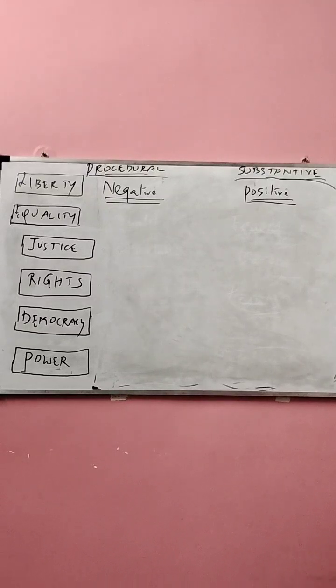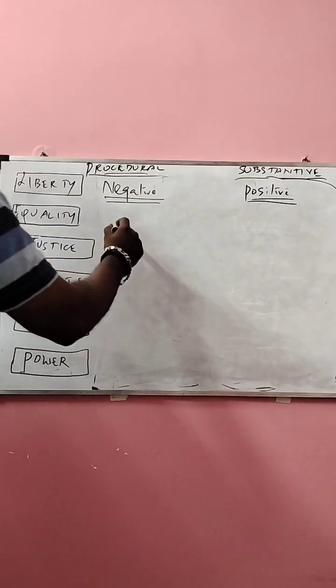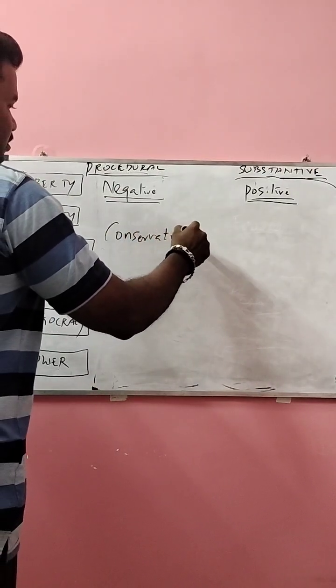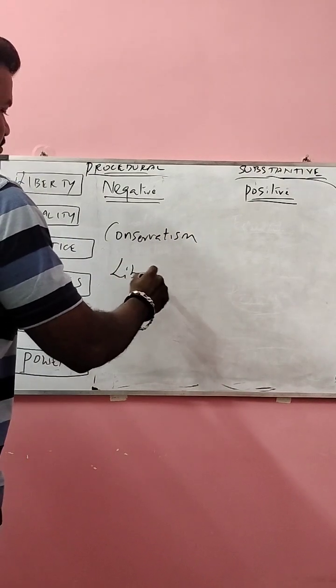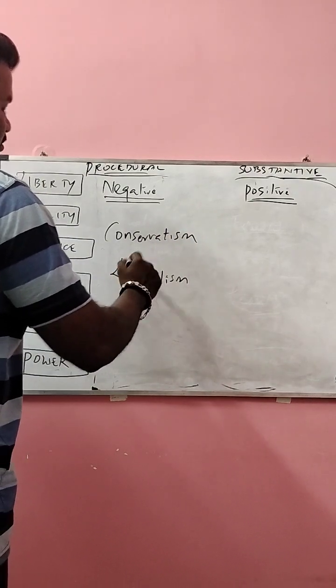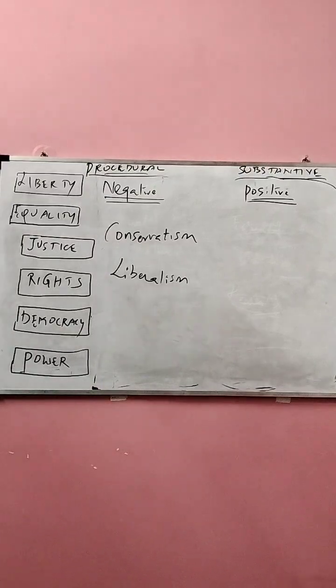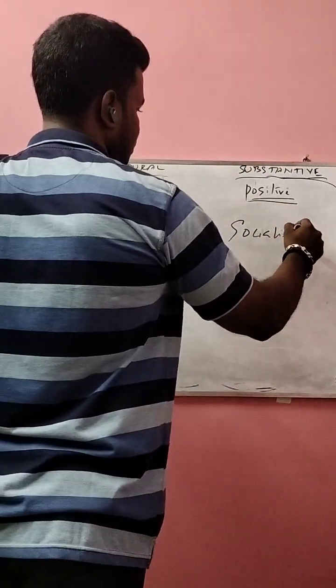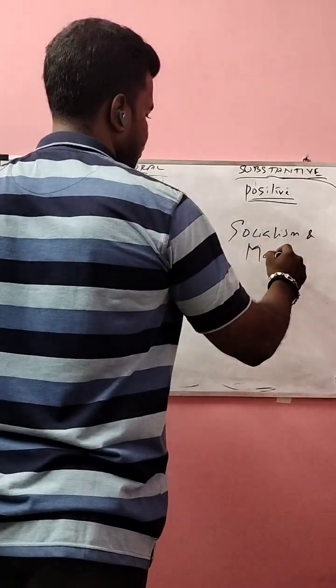The philosophies associated with negative liberty are conservatism and liberalism. The philosophies associated with positive liberty are socialism and Marxism.